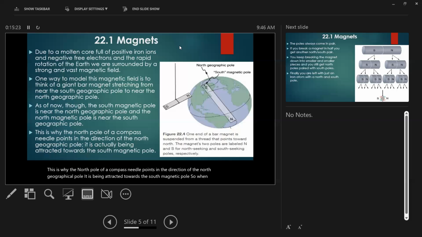So when you hold up your compass needle, I didn't even see any compasses back here, come to think of it. We've got compasses back here, but I know they were in here when we were down at the 230. Weird.